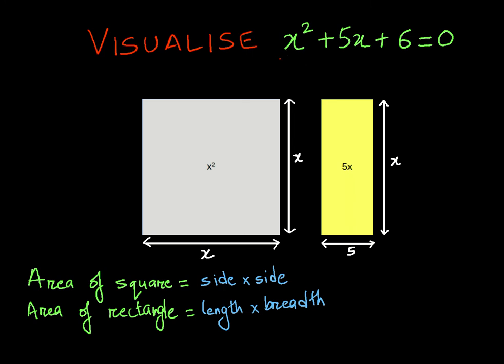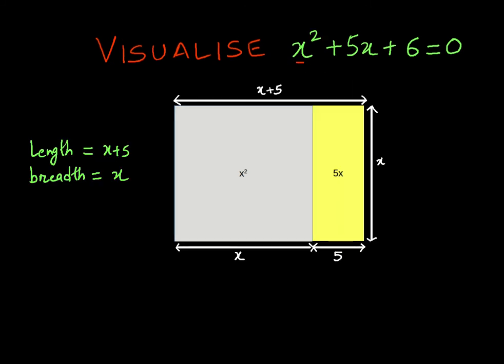The first term x square geometrically is the area of a square of side x, which is shown here. The second term 5x geometrically is the area of a rectangle having length x and breadth 5. x square plus 5x can be visualized as a combination of a square having area x square and a rectangle having area 5x.